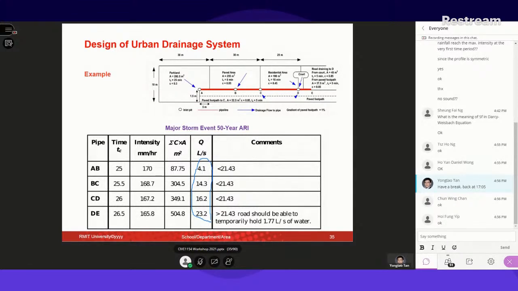For DE, for example, we can use the normal increasing step of 75 mm, so you can change to a 225 millimeter diameter pipe. Try another, larger diameter pipe, to make sure the peak flow is less than the capacity of the pipe.